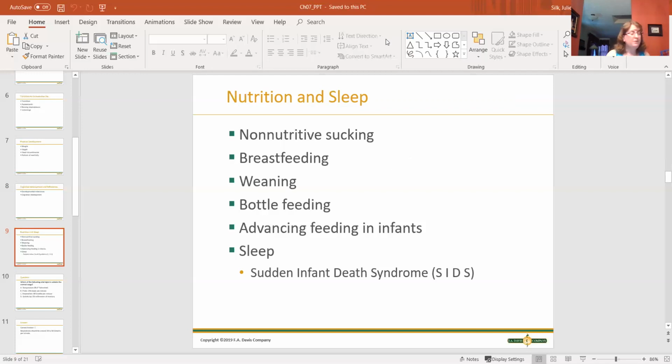And then with breastfeeding, this is the optimal method of feeding because it provides necessary nutrients. Like we talked about this in OB. It's very helpful because it helps their immune system, decreases their risk for obesity. It's a good thing to do. When it talks about weaning, weaning someone from breastfeeding sometimes can be difficult.